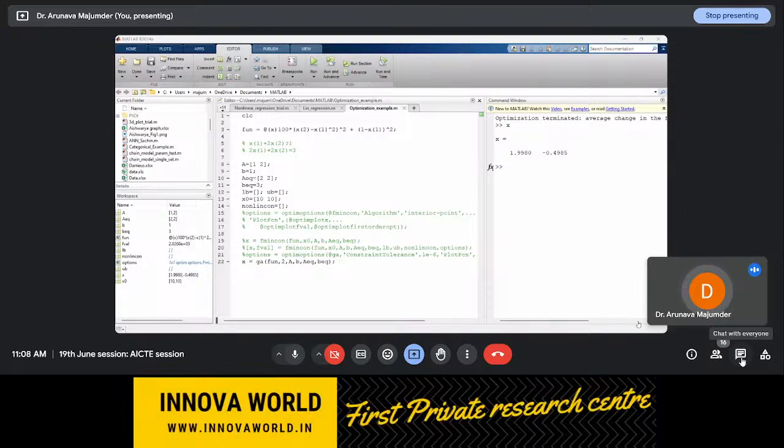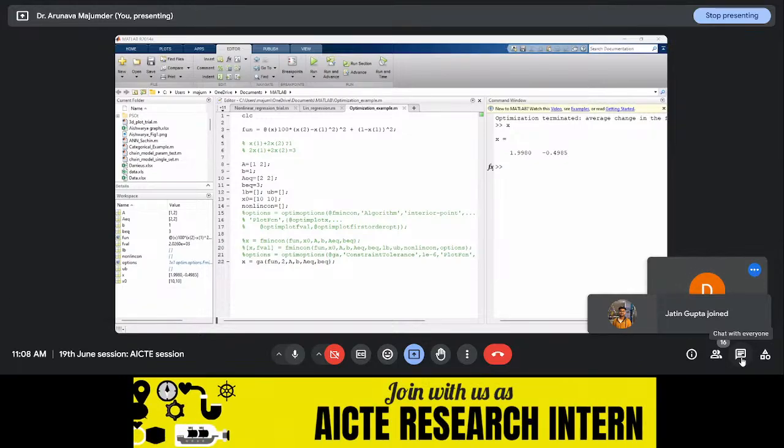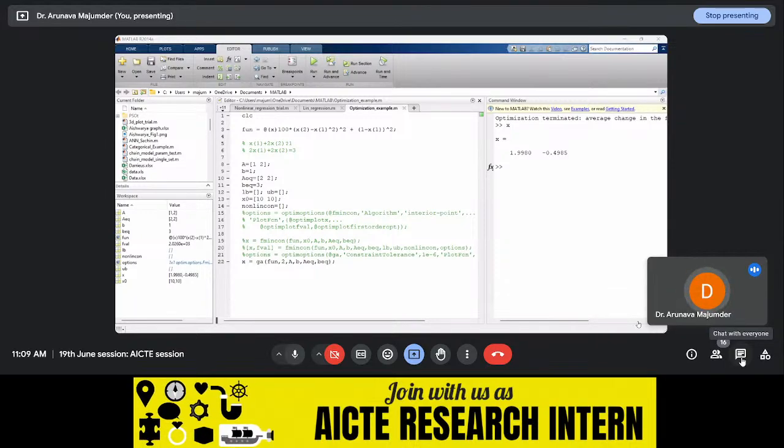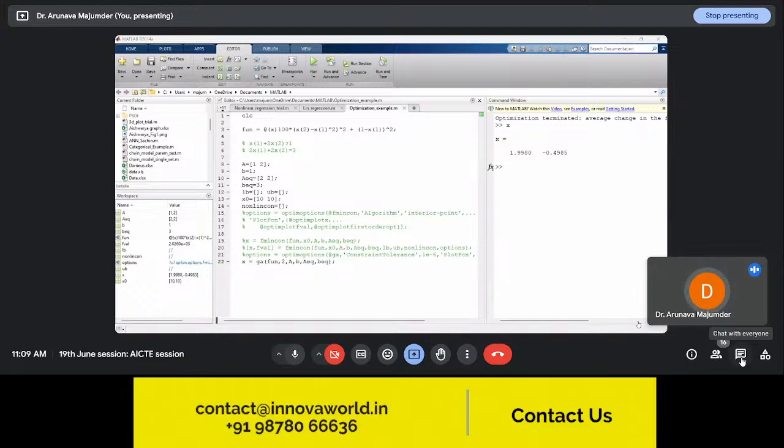So in today's class I will give you a thorough idea, means how it works and how the genetic algorithm also works. Genetic algorithm is also another metaheuristic based algorithm, which is based on the theory of genetics, or the evolutionary algorithm.